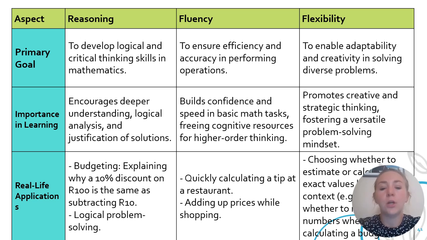That's the primary goal of reasoning, and for learners to be critical in their thinking. Then for fluency, we want learners to be efficient and accurate, and they shouldn't take all the time in the world to complete calculations. So we want them to be proficient in performing the operations.